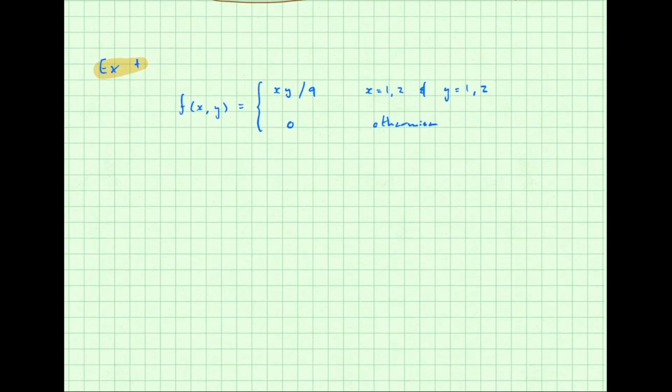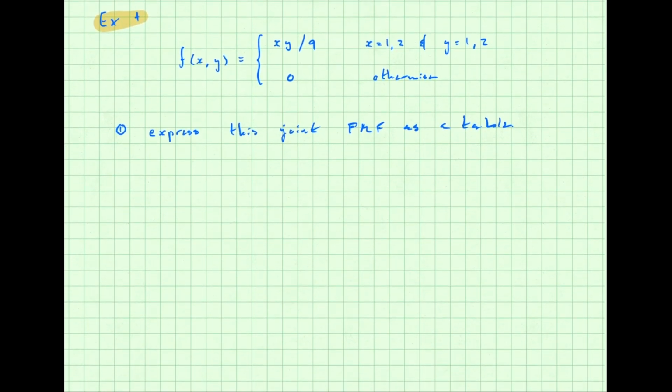So part 1 of this so-called example is to express this as a table. But this is a way in which it's not really an example, because you might not know exactly what kind of table to make.